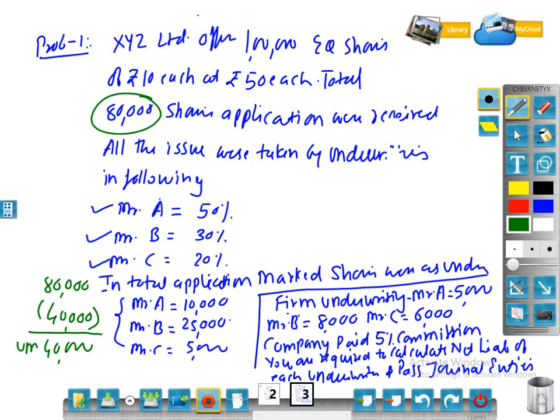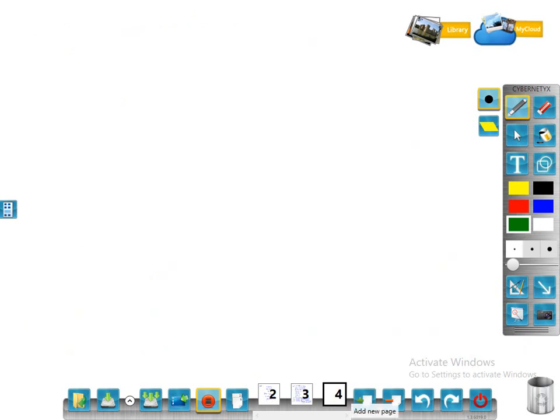So let us see the procedure to calculate, or how to prepare that table. Preparation of the net liability table is very important because in the examination also you have to prepare it. So let us start by preparing the net liability table. Here you have to prepare one table.